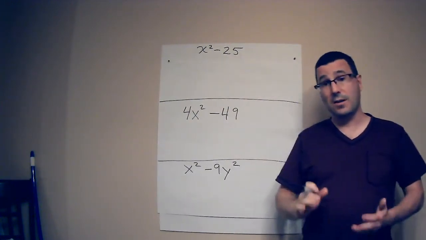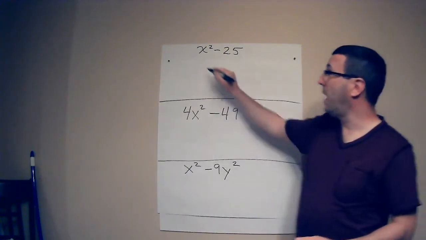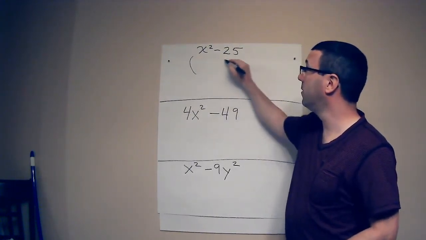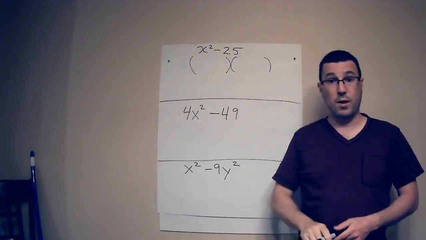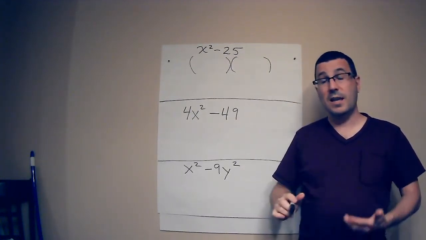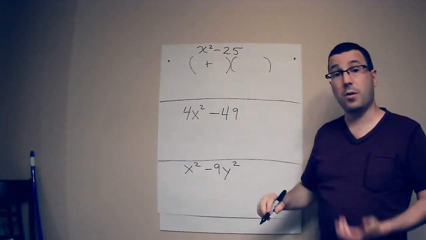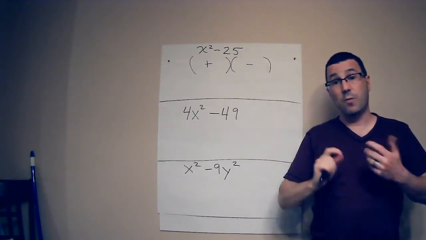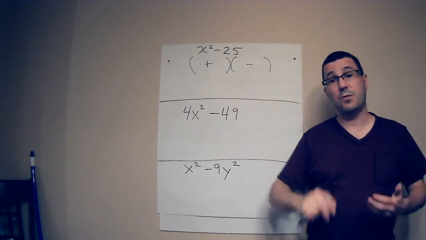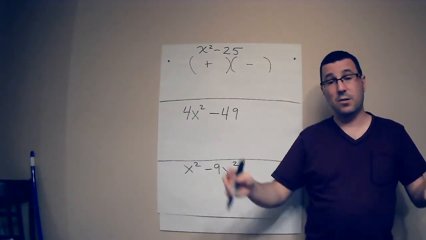Once I know it's difference of two perfect squares, I'm going to set up 2 sets of parentheses. In each of those parentheses, I'm going to put a plus in one and a minus in the other. The reason is that with difference of two perfect squares, I have to get opposites so that they cancel out.